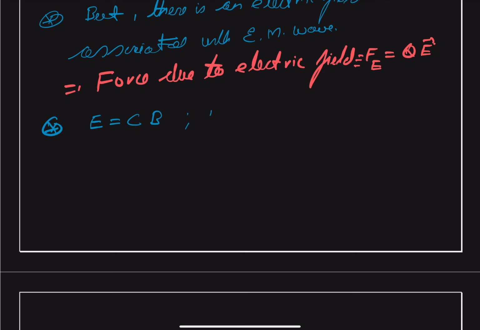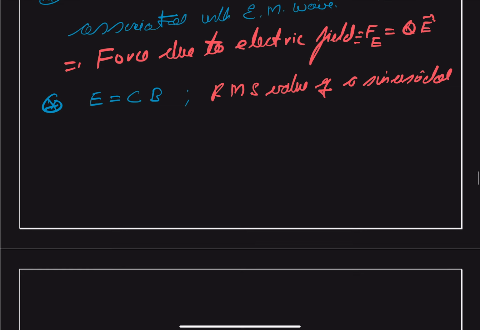So the RMS value of a sinusoidal function, suppose that function is a cos of theta, will be given as a upon square root of 2.